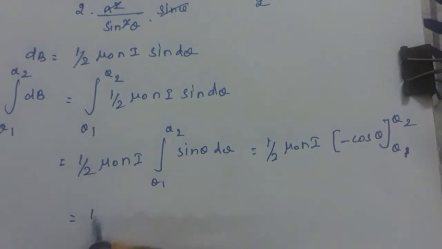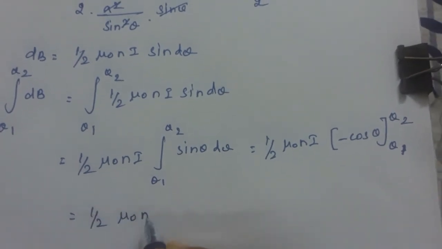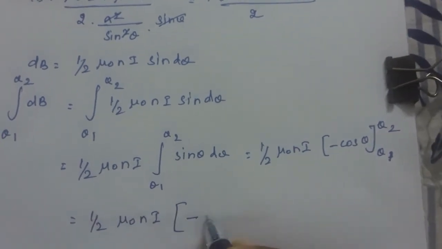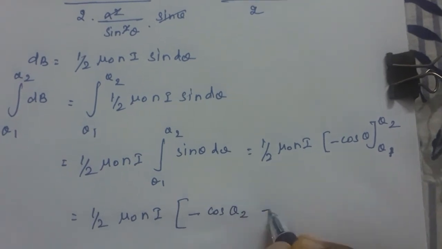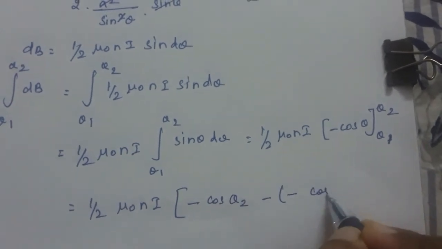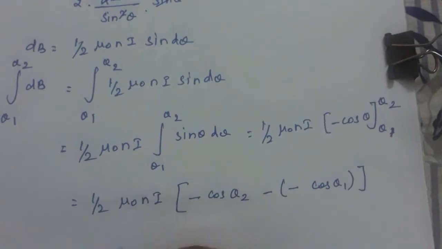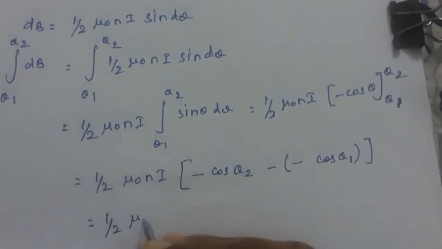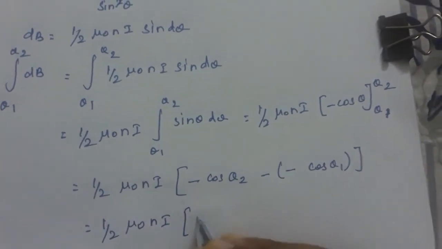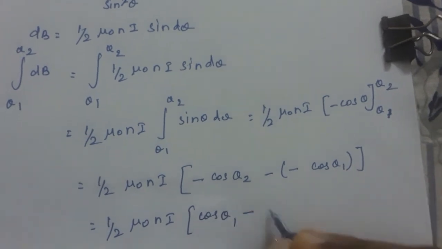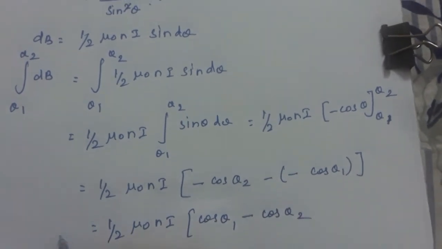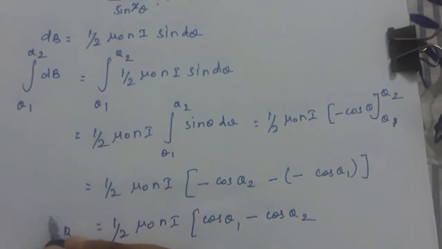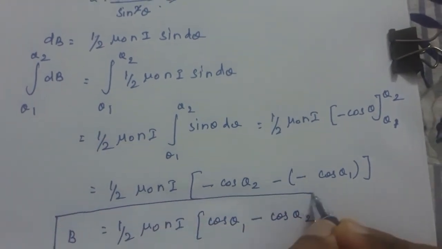So this can be written as half mu 0 n I, minus cos theta 2 minus of minus cos theta 1, which is half mu 0 n I (cos theta 1 minus cos theta 2). So we have proved the result.